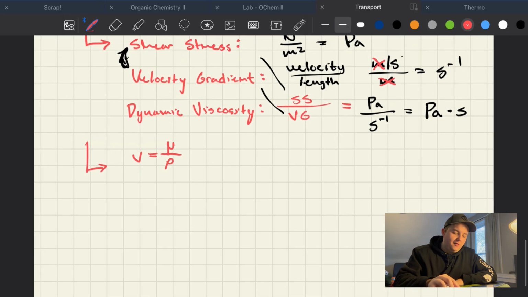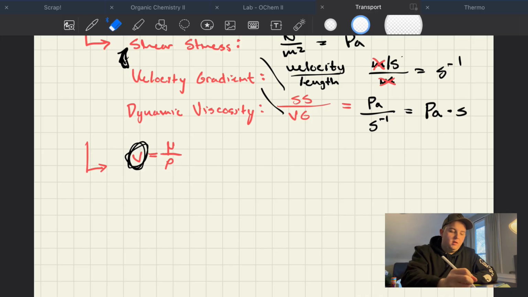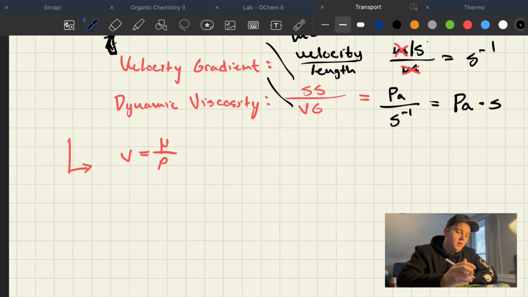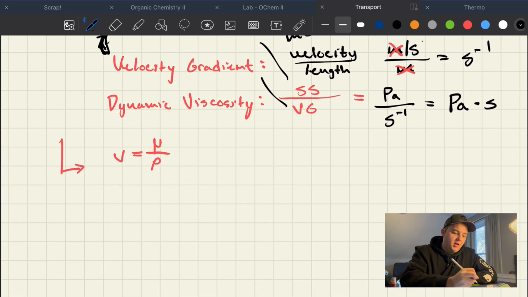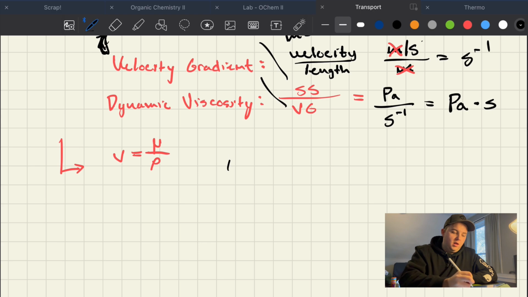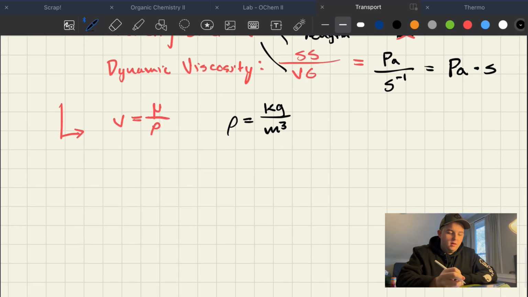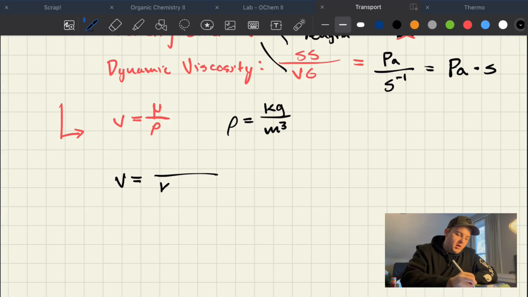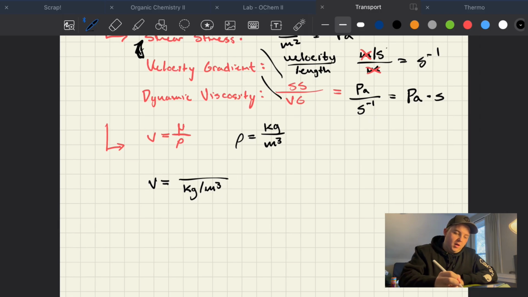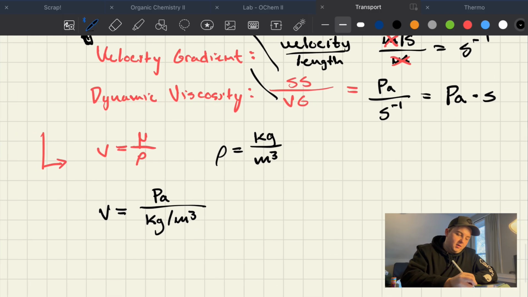Okay, so now we're trying to find the momentum diffusivity, which is represented by this nu. First we need to find density. We can put density equal to kilograms per volume, and we'll use meters cubed here. Then nu equals, and we'll put density in the denominator, meters cubed, and then we need this mu, which we found up here is the dynamic viscosity, in Pascal seconds.